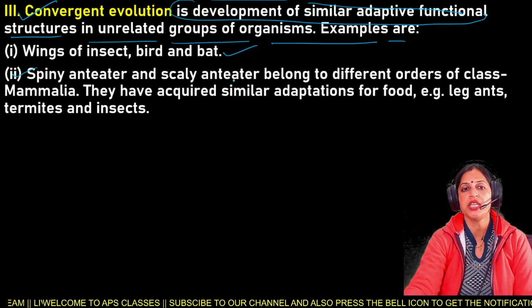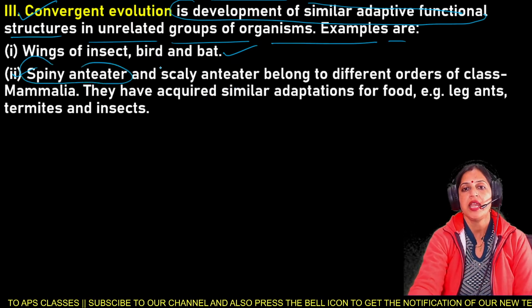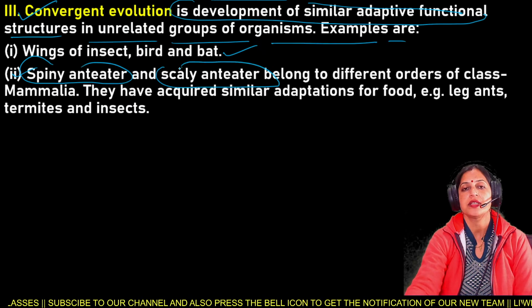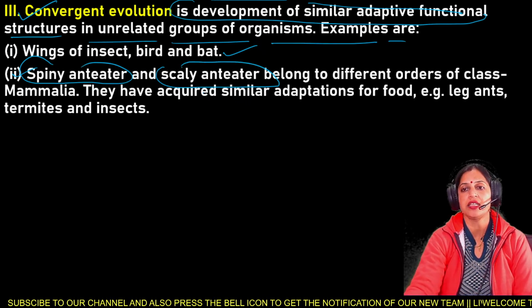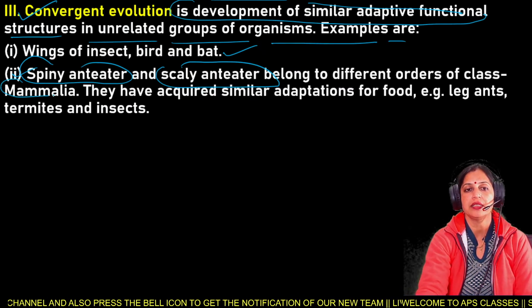Another example: spiny anteater and scaly anteater. Spiny anteater and scaly anteater belong to different orders of class Mammalia.